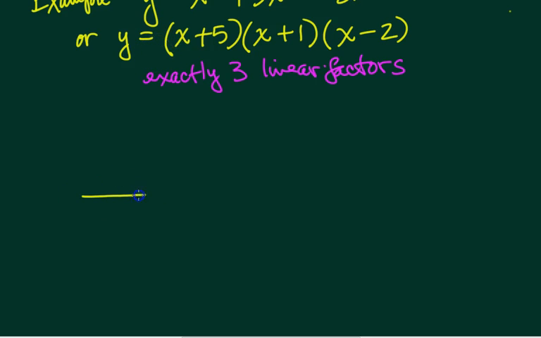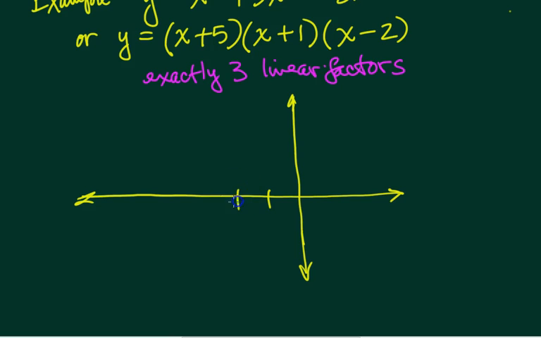And we have 3 zeros, and we're going to plot the zeros. I have x equal to negative 5, x equal to negative 1, and x equal to positive 2.